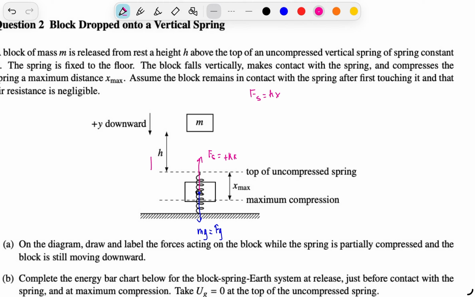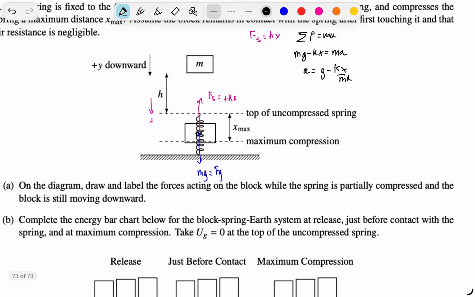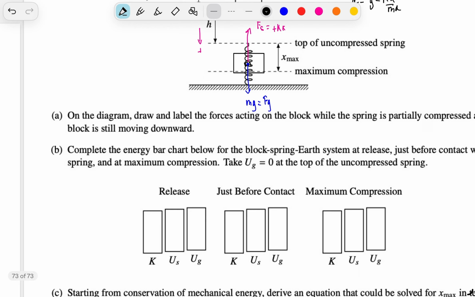Let's make downward our positive direction. So gravity pulls the block down and the compressed spring pushes up.